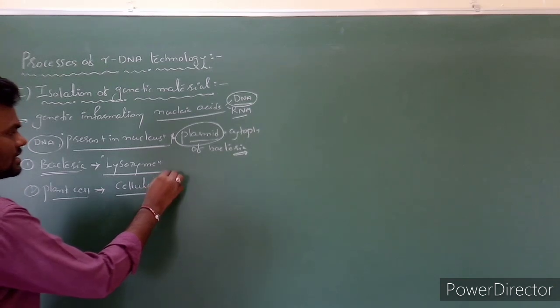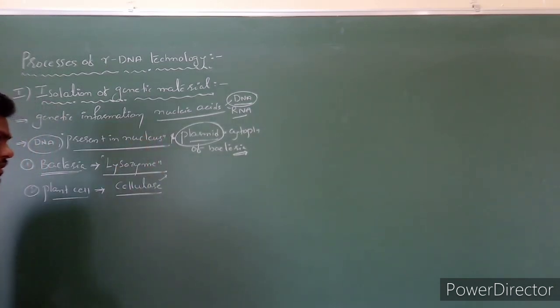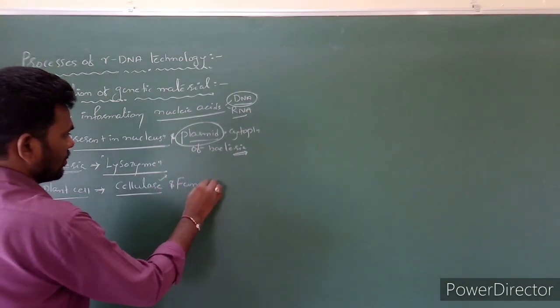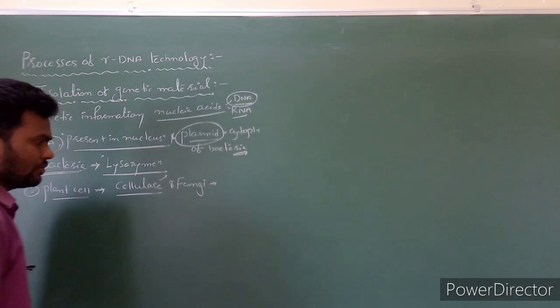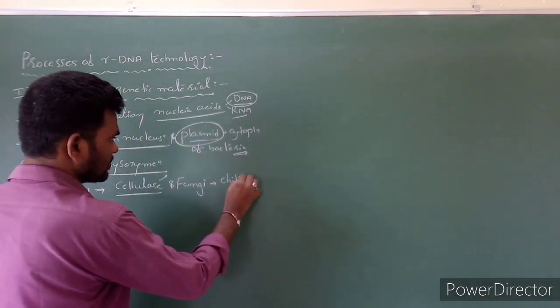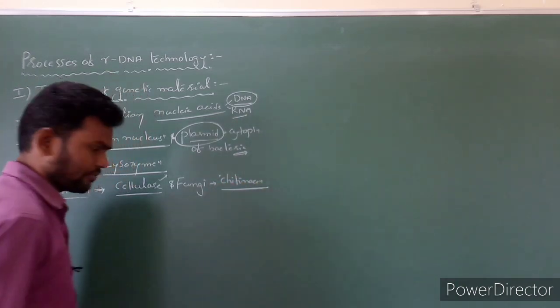It means this enzyme has the capacity to digest cellulose. For example, if you use a fungi cell, you have to separate the genetic information from fungi, then you have to use chitinase enzyme.